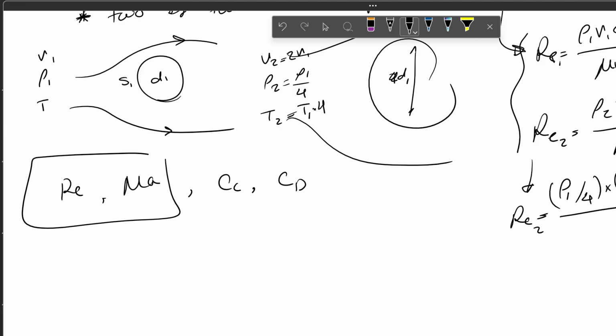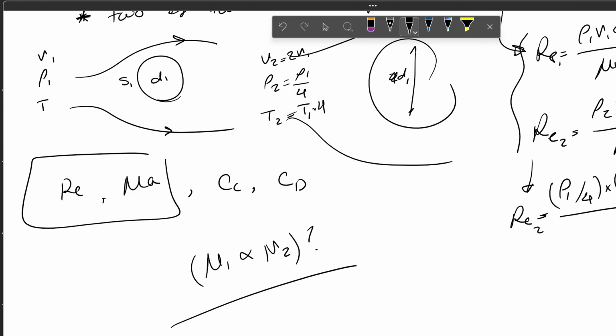Divided by mu 2. What is the relationship between mu 1 and mu 2? Do they have any relation? Well, density is different, so the dynamic viscosity would be different. We are not told the flows are the same, so we don't really know if the dynamic viscosity is the same.